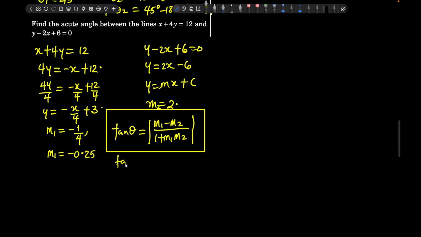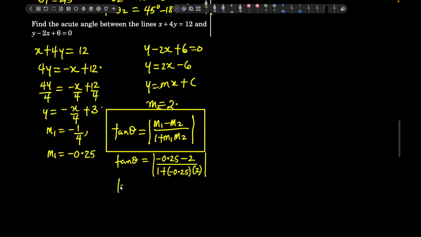Now tan theta is equal to absolute value. M1 is minus 0.25. M2 is 2. So you have minus 0.25 minus 2 over 1 plus M1, which is minus 0.25, times M2, which is 2. Then the absolute sign.